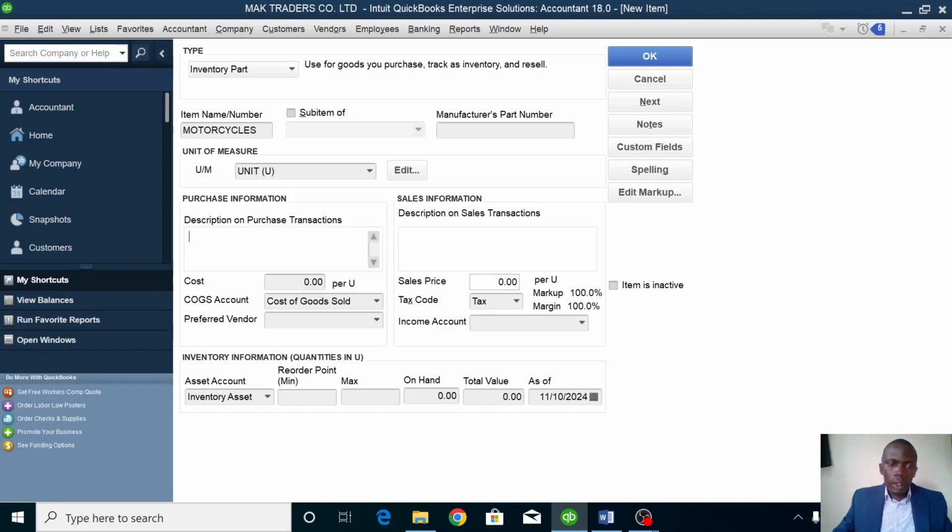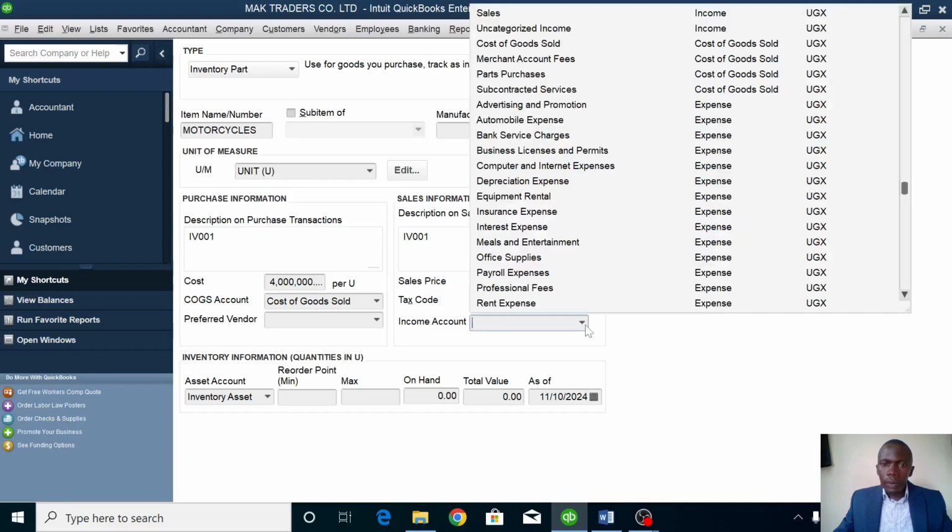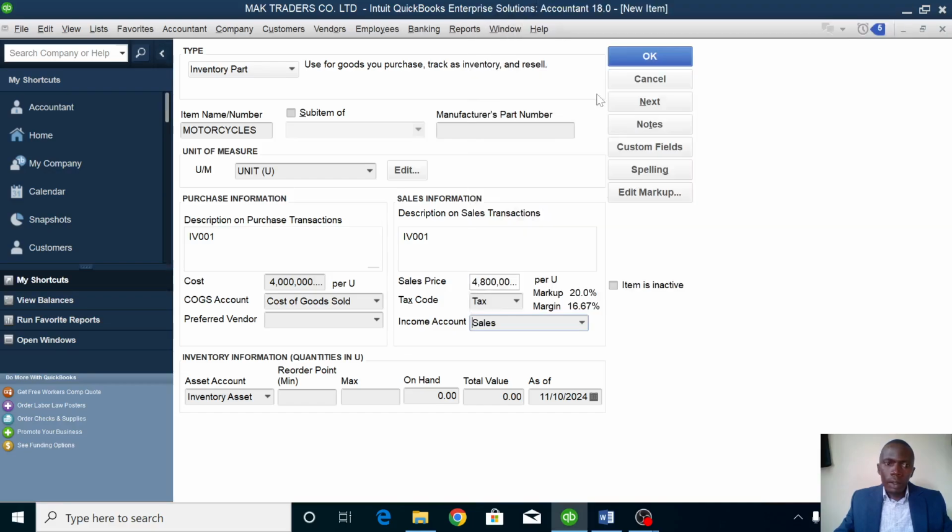Our description is IV 001. Then the cost is 4 million. Then the selling price is 4,800,000, under sales.